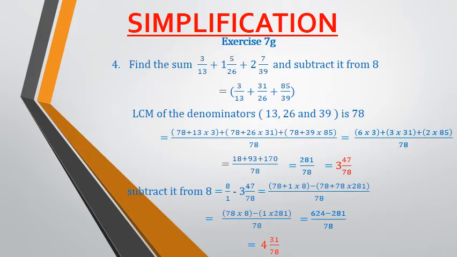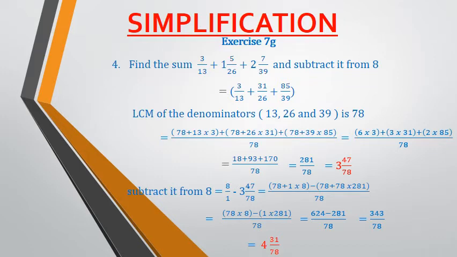Now we will solve the brackets, and what do we get? Let's see. We get 6 multiplied by 3 plus 3 multiplied by 31 plus 2 multiplied by 85 upon 78. Again we will solve the bracket, and what do we get? We get 18 plus 93 plus 170 by 78.